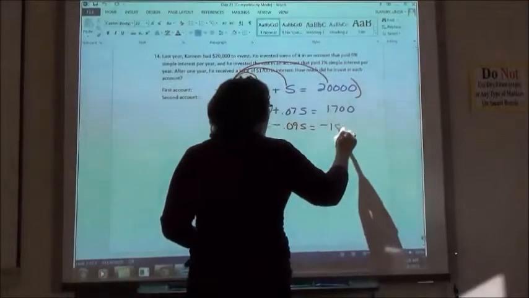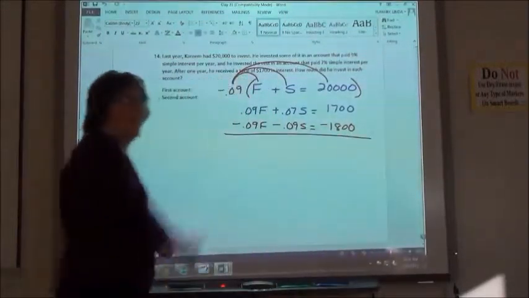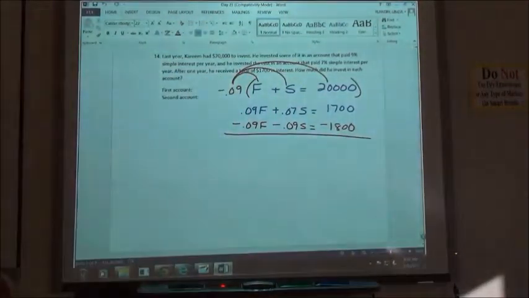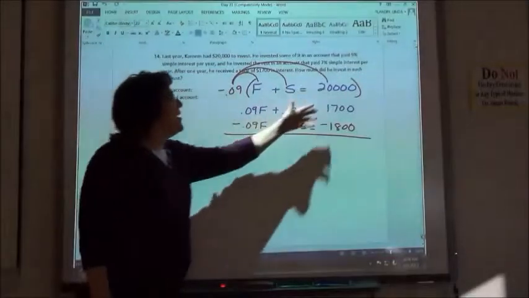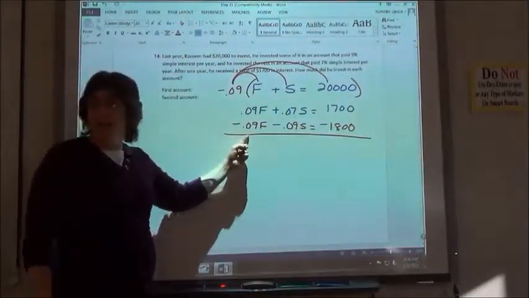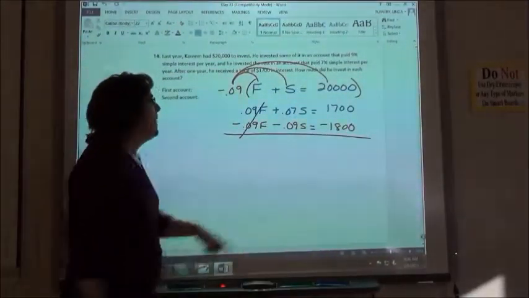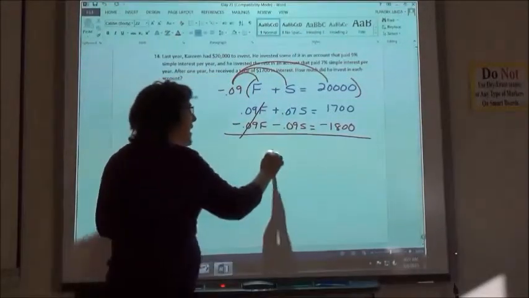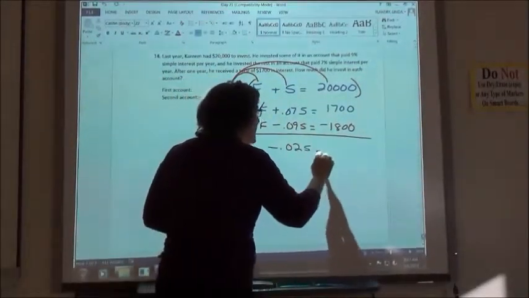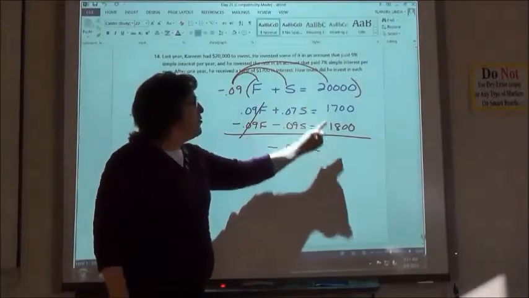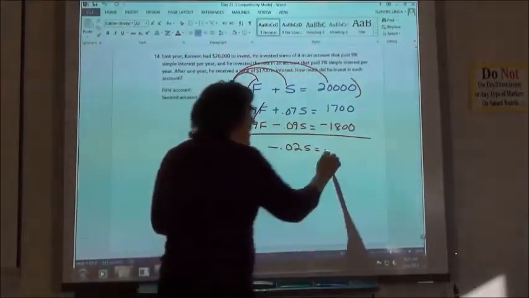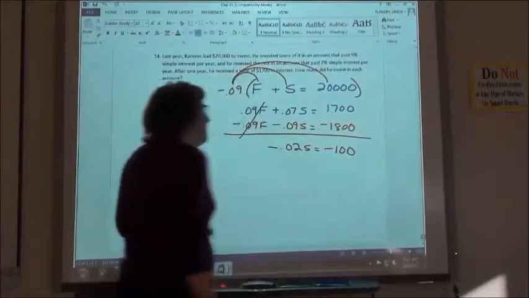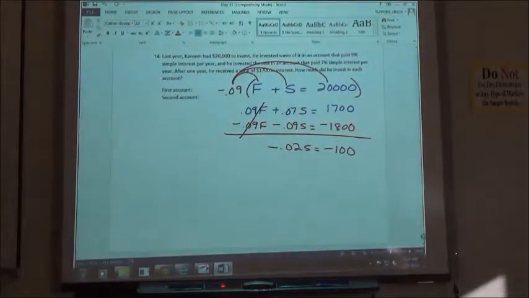I'm getting negative 1,800. How about you guys? Yeah. All right. So when we add our equations together, the f's are opposite. They're going to cancel out. 0.07 minus 0.09 would be negative 0.02s. 1,700 minus 1,800 would be a negative 100. And then all we have to do to solve that is go ahead and divide.